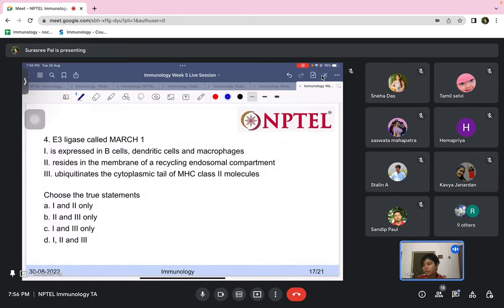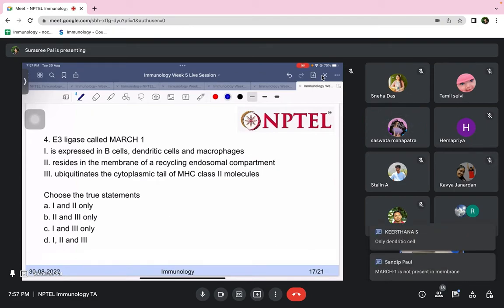Does anyone think statement number 1 is wrong? Yes, ma'am, one is wrong. Why? I'll tell you that it is correct, because in the lecture, they are expressed in B cells, dendritic cells, and macrophages.